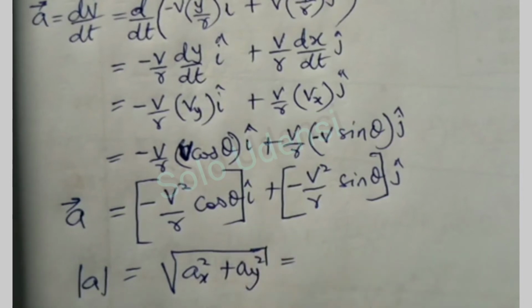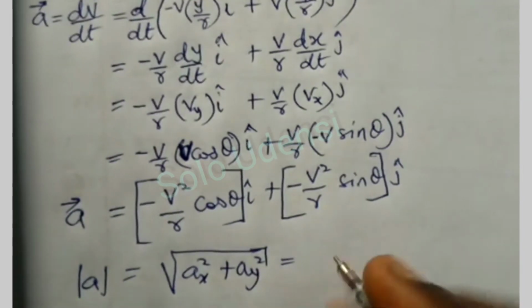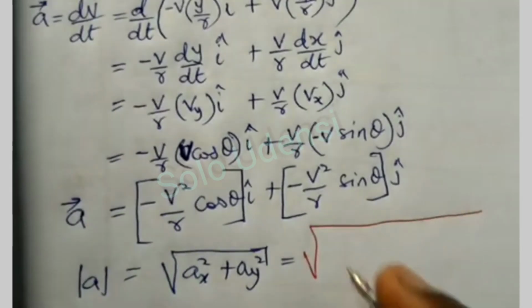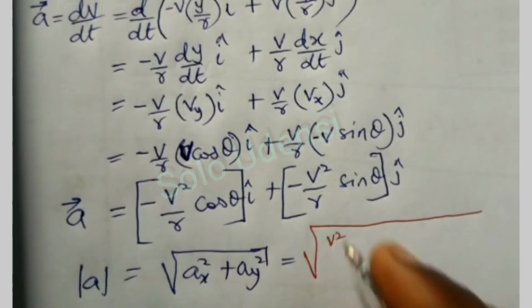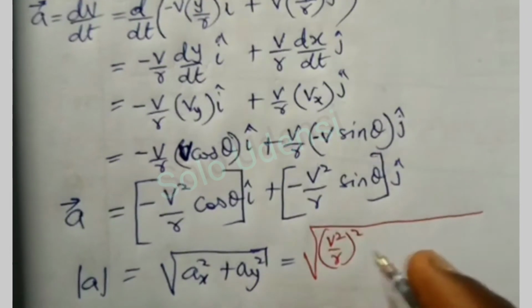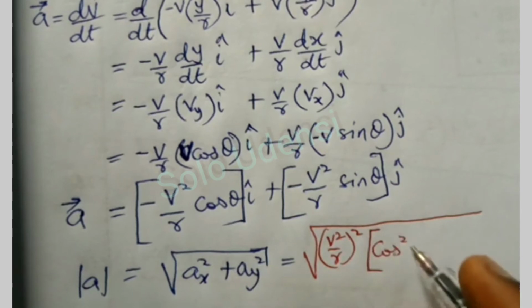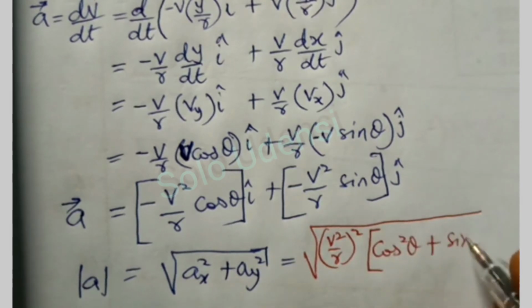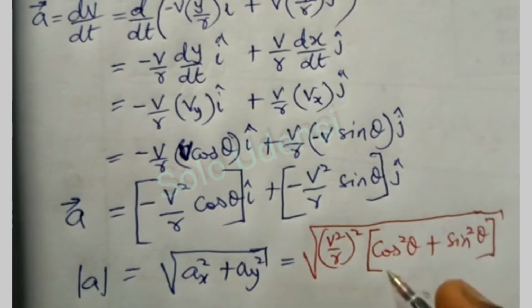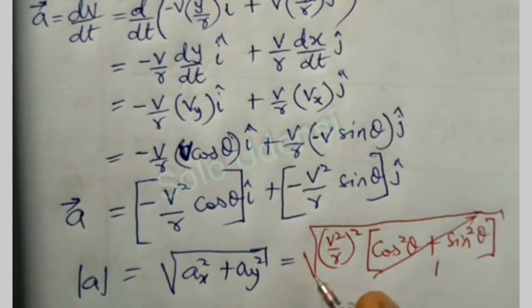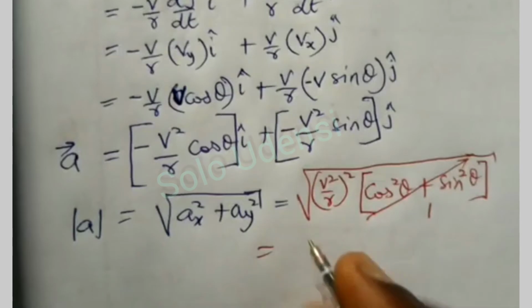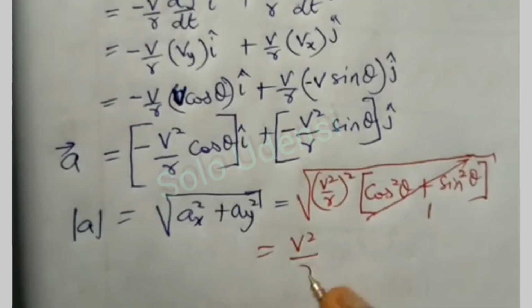So if we do that, we will have the square root of v squared over r, all squared, times cos squared theta plus sin squared theta, and this is equal to 1. So the square root of v squared over r all squared is just equal to v squared over r, and we have proven it.